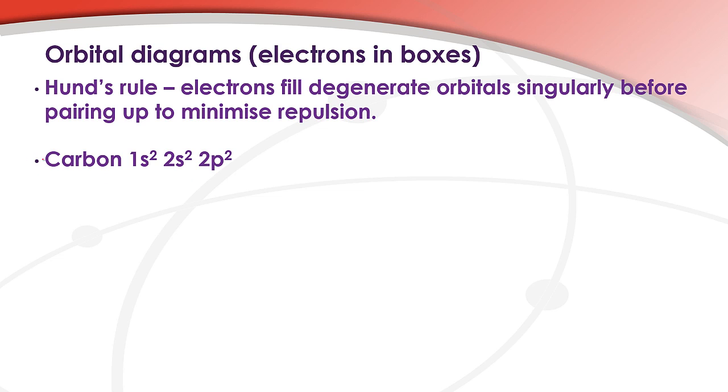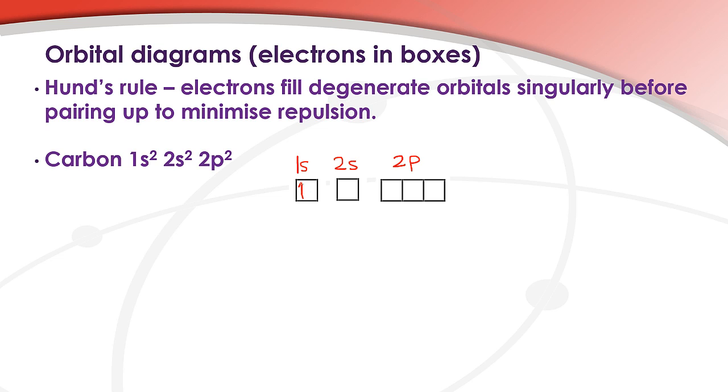The electron configuration for carbon is 1s2, 2s2, 2p2. So we can have these boxes and we can draw electrons in boxes. So this is the 1s orbital, this is the 2s orbital, and these are the 2p orbitals. So we fill the lowest energy orbitals first, and we draw an electron as a straight line with a half arrowhead.